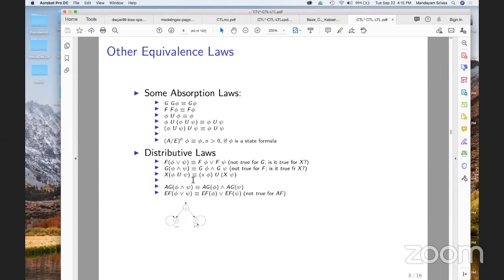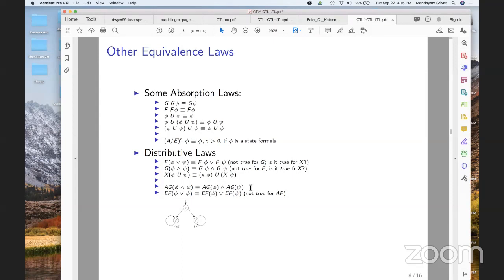But what is interesting is that this distribution law of F and G doesn't automatically lift to CTL operators. As you can see here, AG of phi and psi is equivalent to AG of phi and AG of psi. I'm sorry, it is equal.